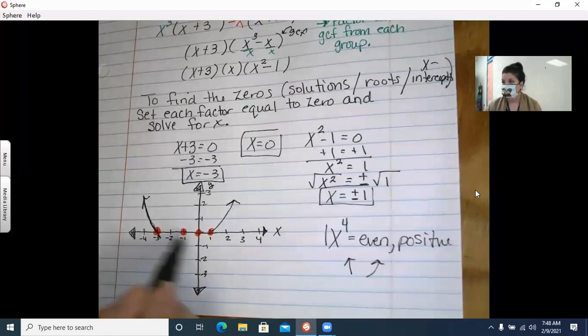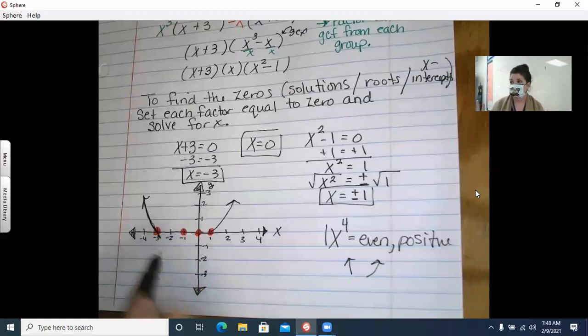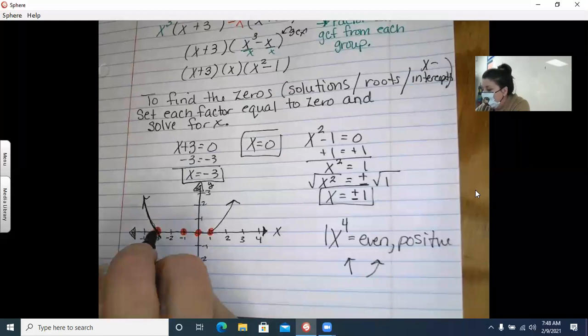We know what's going to happen on the ends. Between the zeros, we're just sketching a graph, so it doesn't have to be perfect. But if it's going to be a bounce or go all the way through, we have to show that, okay? So at -3, it's not going to bounce, it's going to go through. And I don't really know how low it's going to go, but I know it's going to start turning up to pick up that next 0.